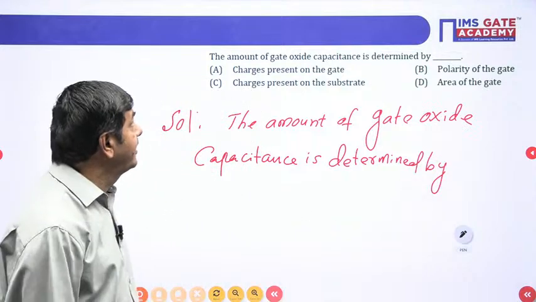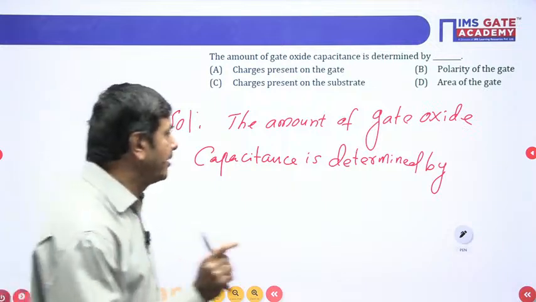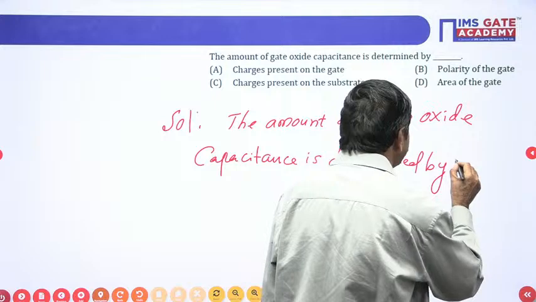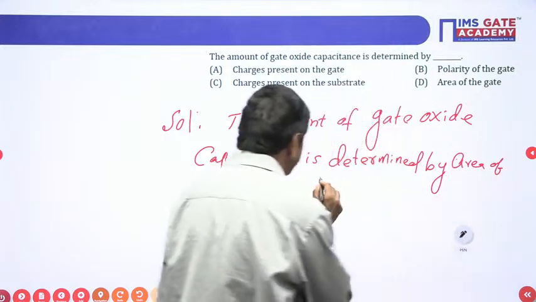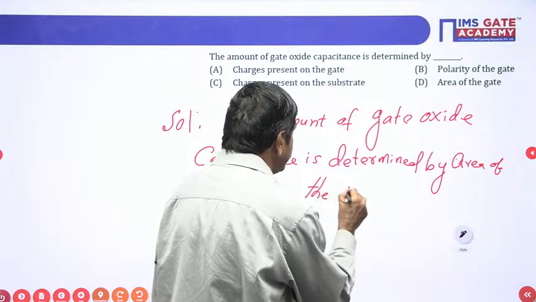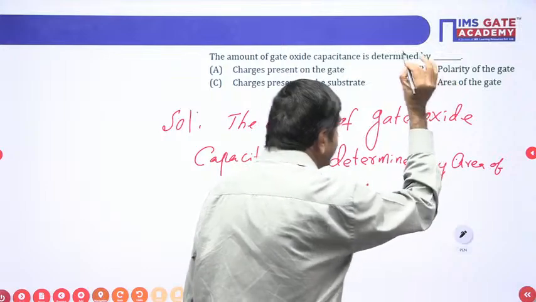Based upon the area of the gate, the amount of the gate oxide capacitance is determined, only by the area of the gate. Area of the gate means which option is right here? Option D is correct in this particular problem.